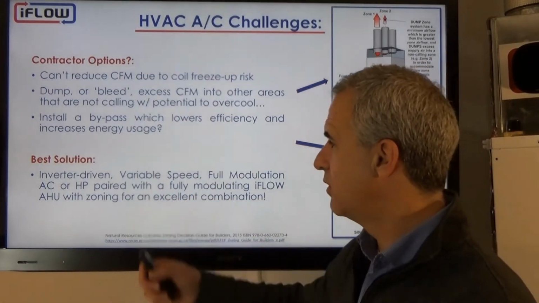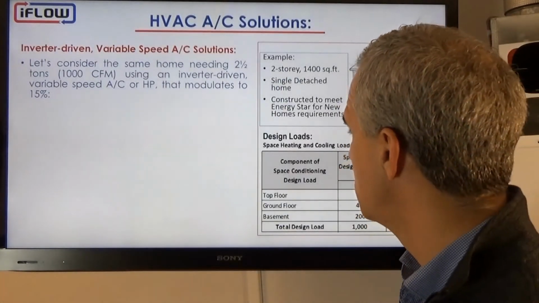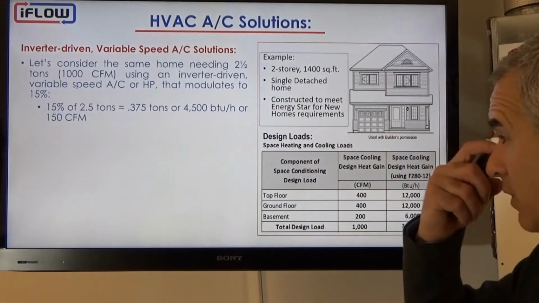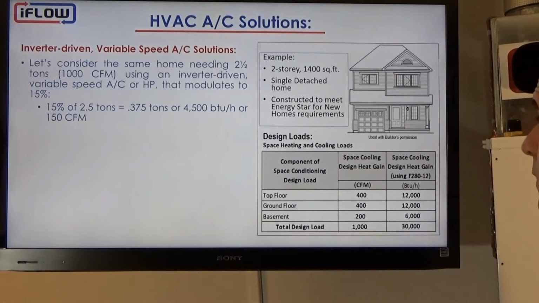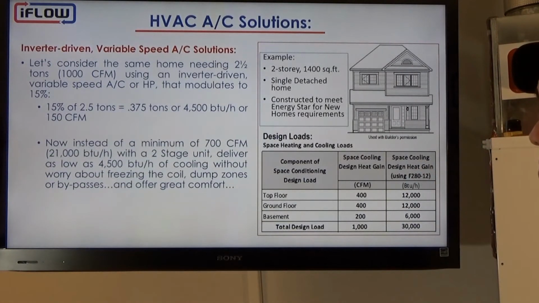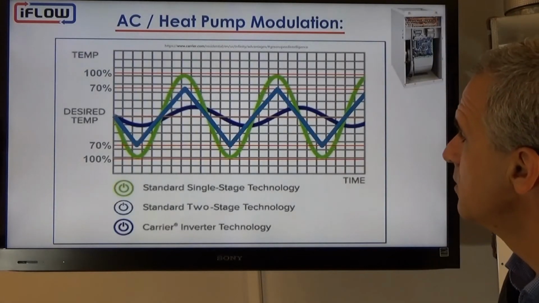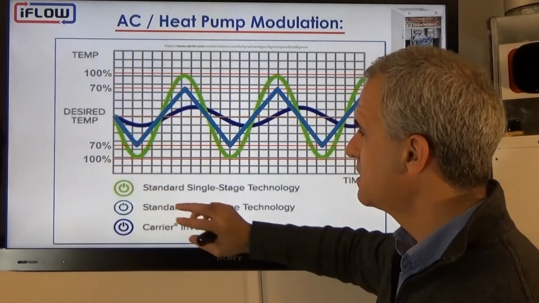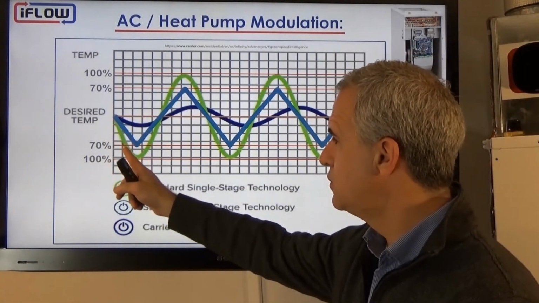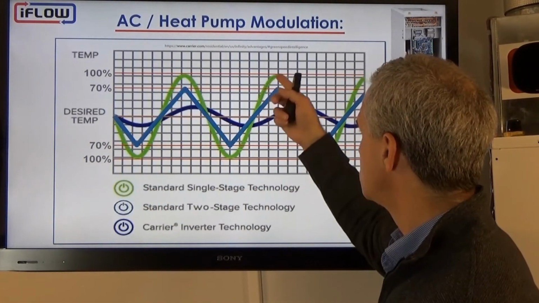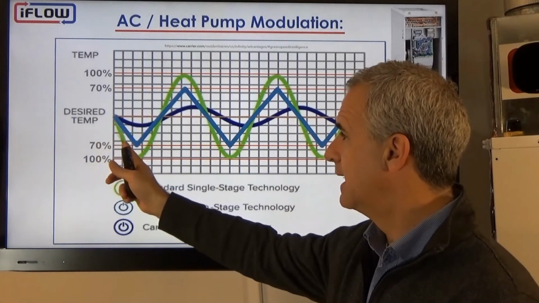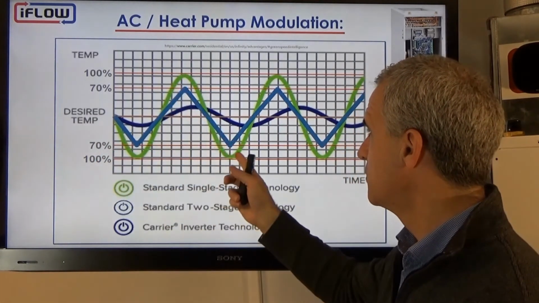So, as I mentioned, the inverter system is going to be the best solution for that. If we go back to that, okay, just continue on. So, this will be our single-stage AC unit, this green line.